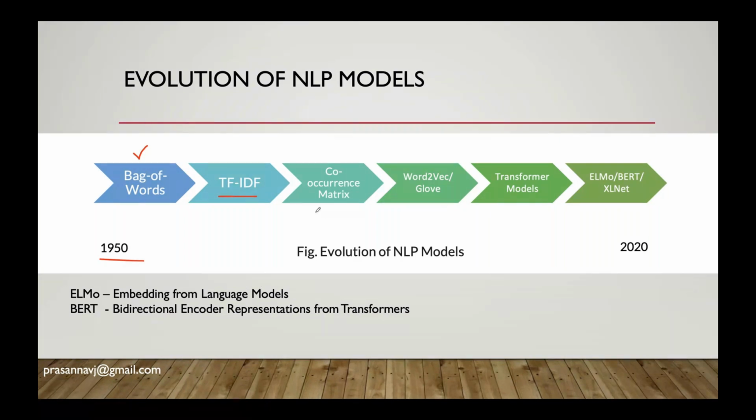In the recent past, Word2Vec and GloVe algorithms were pretty popular for creating embeddings. And from 2017-18 onwards, transformers have been doing extremely well.